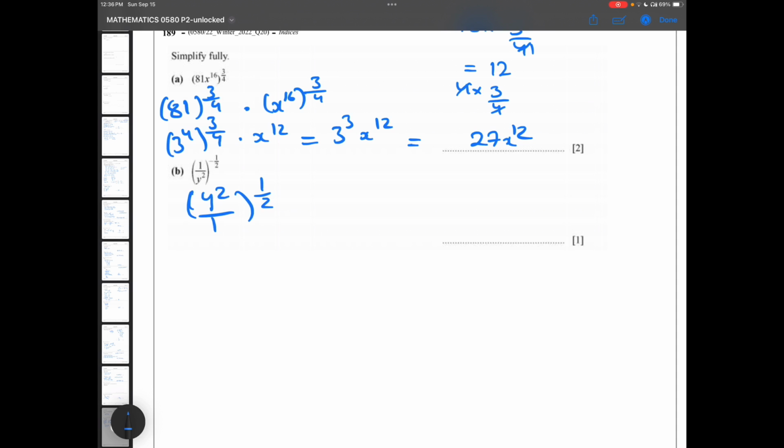Now it is y square to the power 1 upon 2 and 1 to the power 1 upon 2. So we have power on power, these two powers will be multiplied. 2 gets cancelled with 2, we are left with y. And 1 to the power 1 upon 2 means square root 1, and square root 1 is equal to 1. So we get y. This has been simplified.